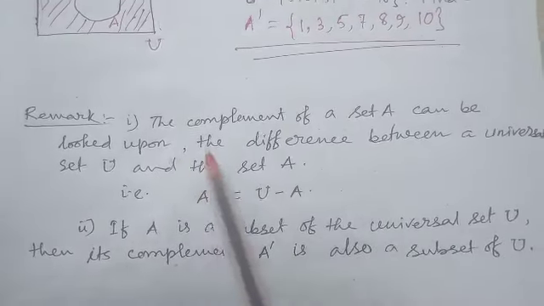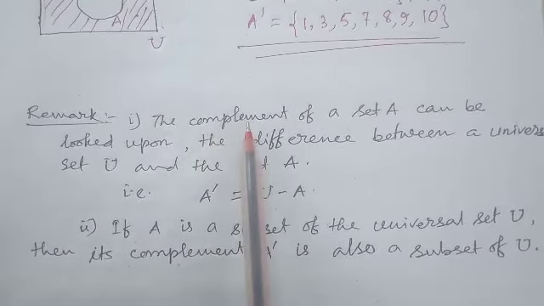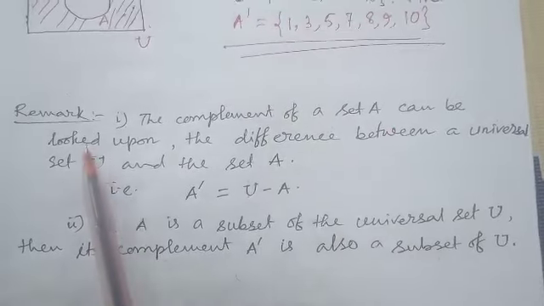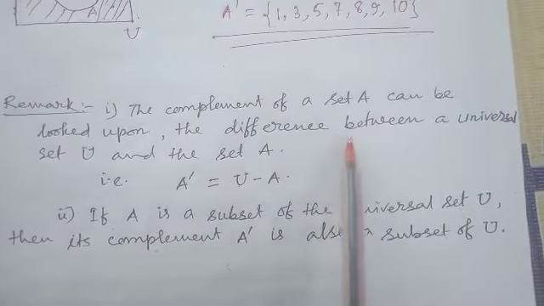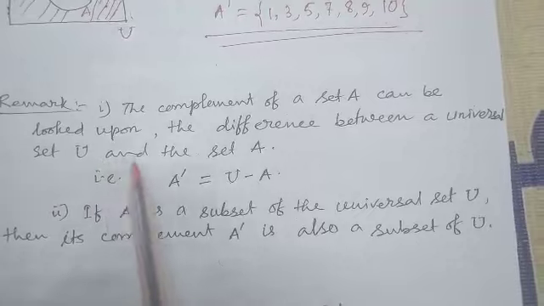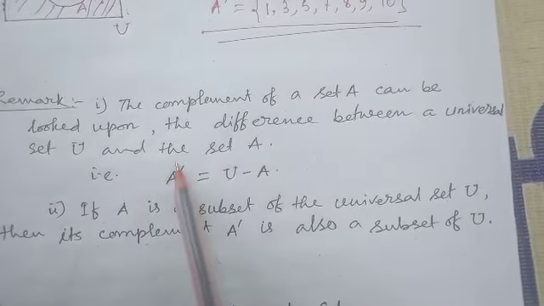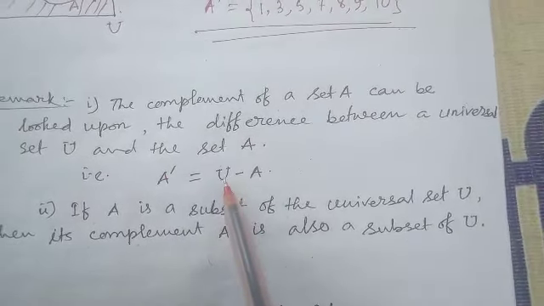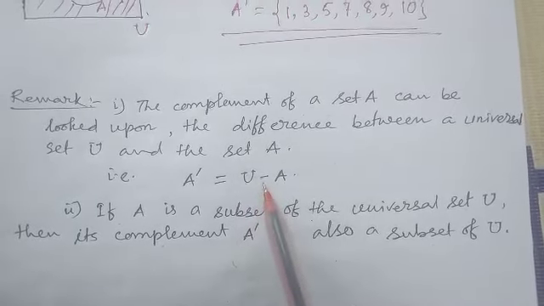Next here you remember two things. The complement of a set A can be looked upon as the difference between the universal set and the set. That means A complement equals the difference between the universal set and that set.